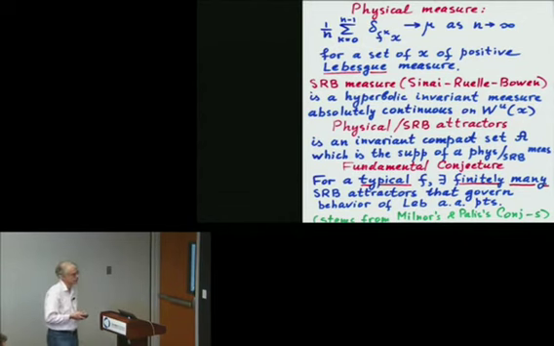His suggestion was like this: take a generic one-parameter family of maps, in some topology, and establish something for typical parameter values in this one-parameter or finite-parameter family.